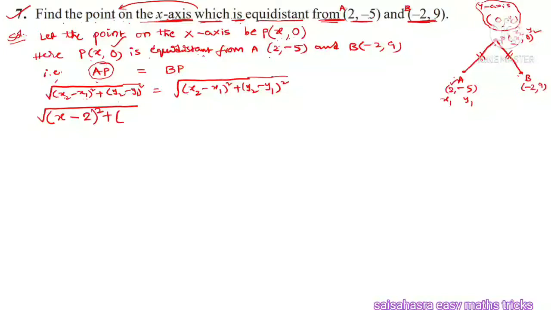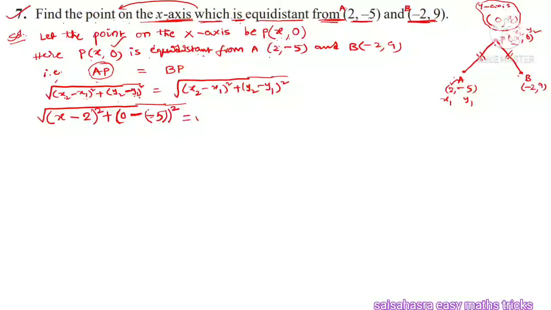Y2 is what here? 0 minus y1. Y1 is minus 5. Both symbols are side by side, minus minus, so you can separate with the bracket, and the overall square.